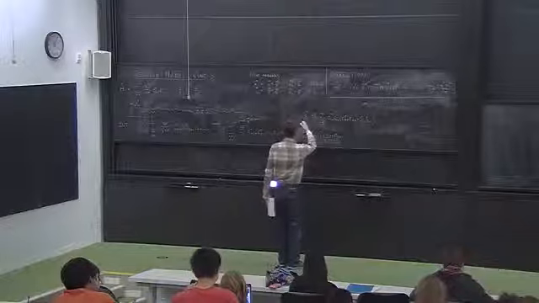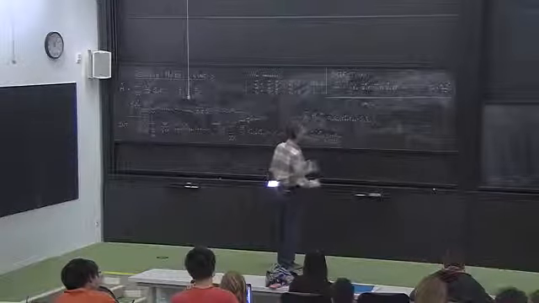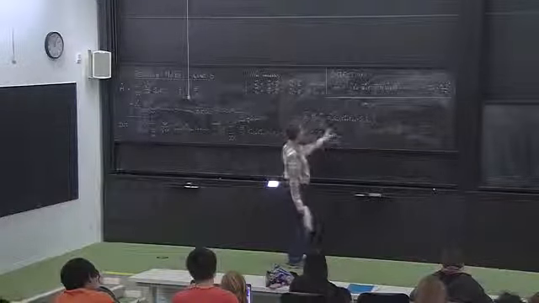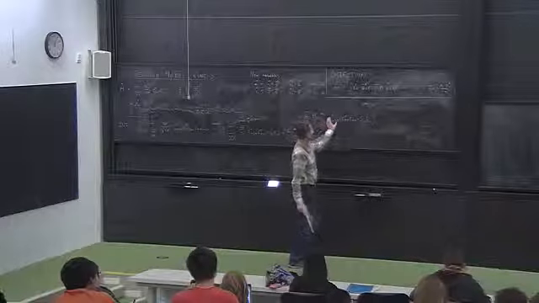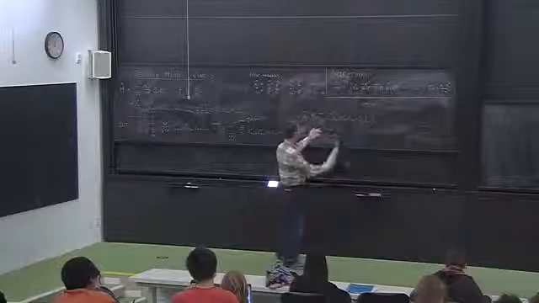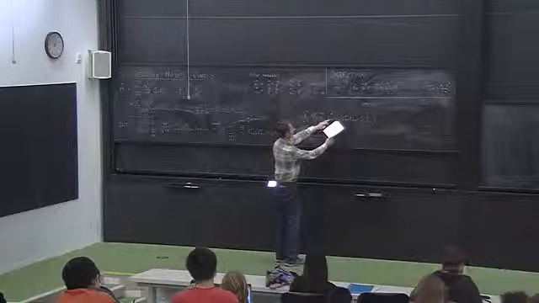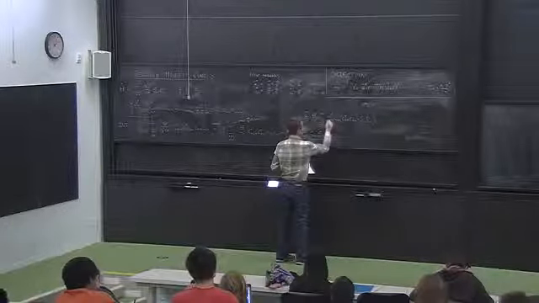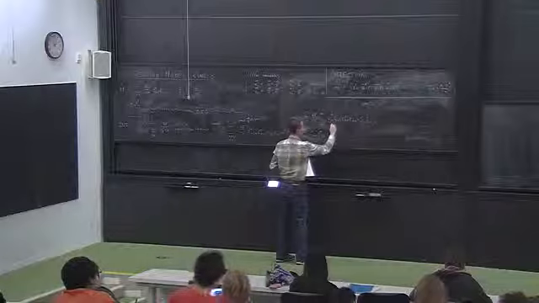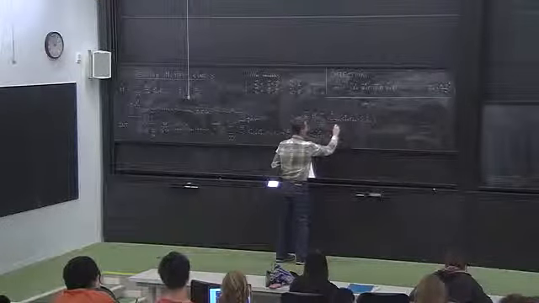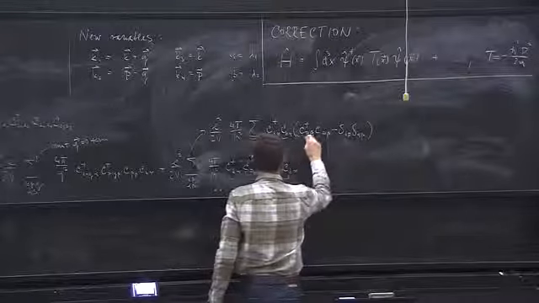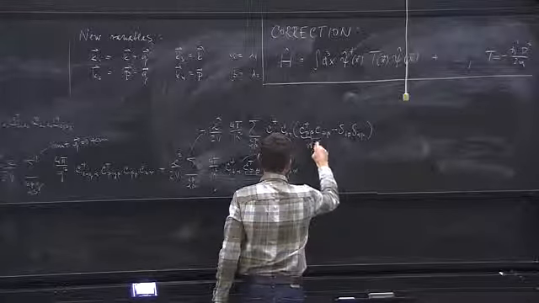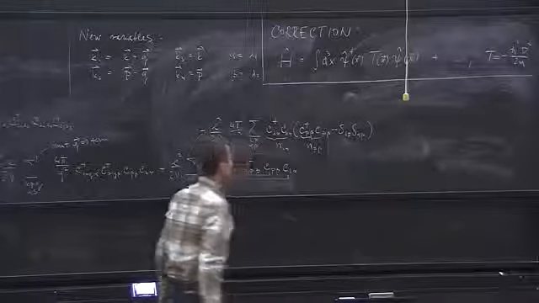Now I can perform this summation. For instance, if I just combine this term with that one, all I get is a sum over k and alpha of this. And remember, when I combine these two operators, this is nothing but the number operator. Similarly, this is nothing but the number operator like this.